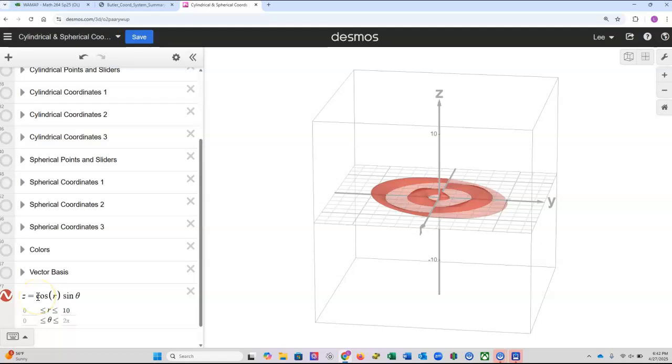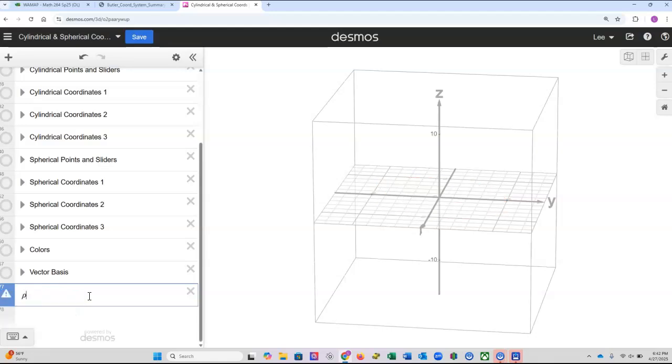You could also do this in spherical coordinates. So this time we're going to do a rho, and this one we'll say we're going to do theta and phi. So let's do cosine theta and then sine phi, and then I'm going to put in maybe a 9.